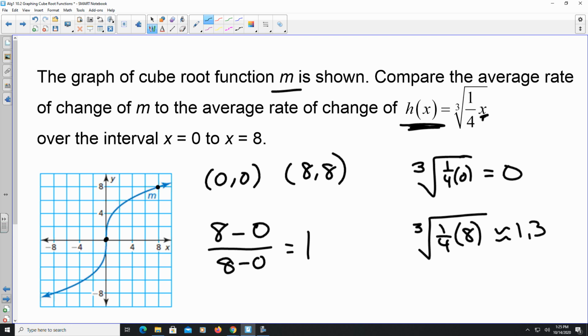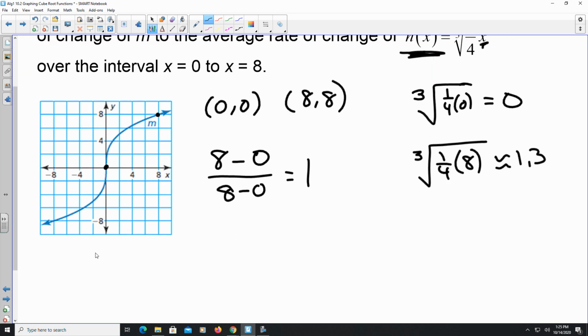Now we're going to use those values to find the rate of change. You're going to take this value here, which is 1.3, and subtract 0, and divide by those x-coordinates, which is 8 minus 0.